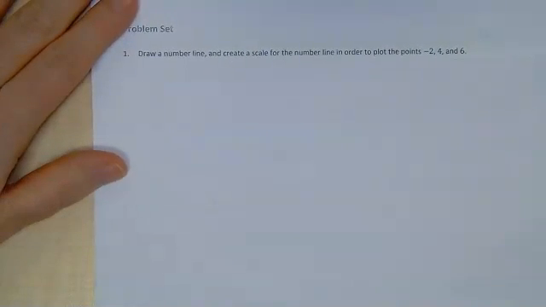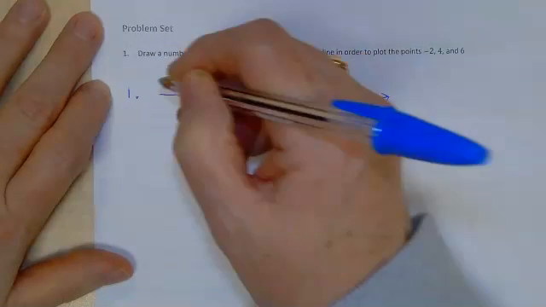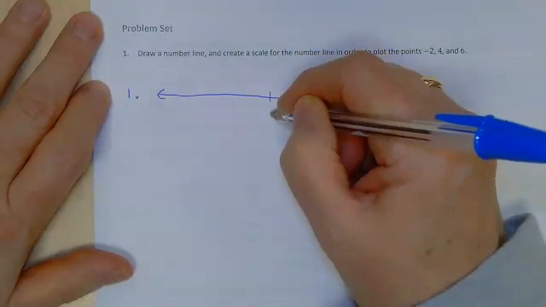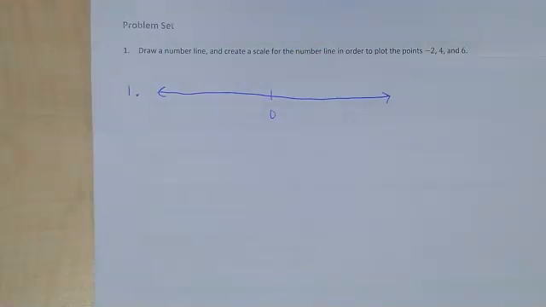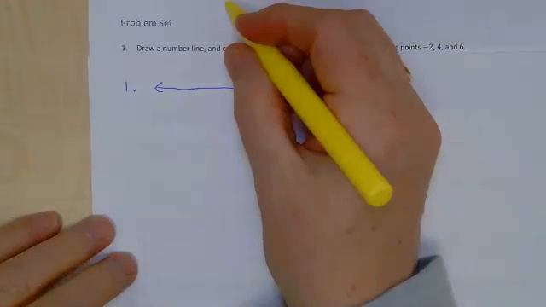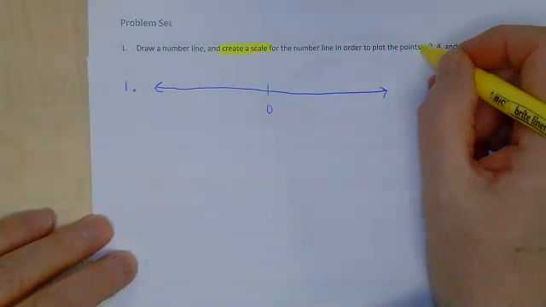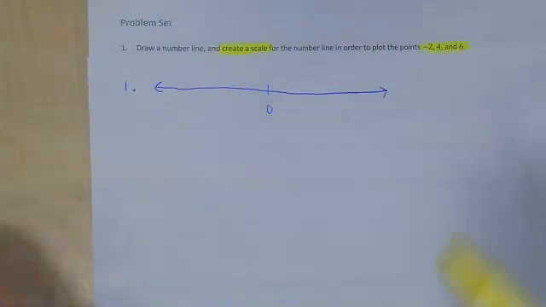So we're going to draw a number line. So here's number 1, draw a number line. But this time we're not going to count by ones. Okay? So when it says create a scale, and it gives us these numbers that have to be on there, what do you think we should count by?